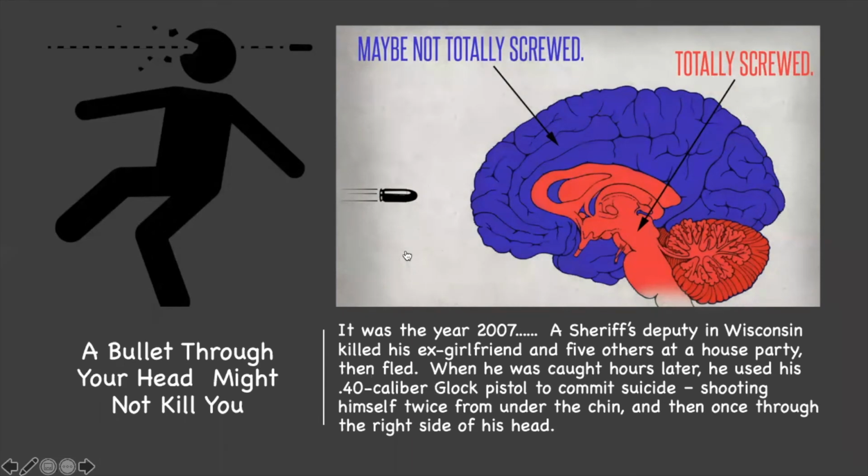He shot himself twice under the chin and then once in the right side of the head, and then he died from that third shot. What is amazing is that he shot himself under the chin, survived it in that moment, was able to have all the muscular control to shoot himself again under the chin, survived that, and then no doubt did some damage to the brainstem and then successfully killed himself.